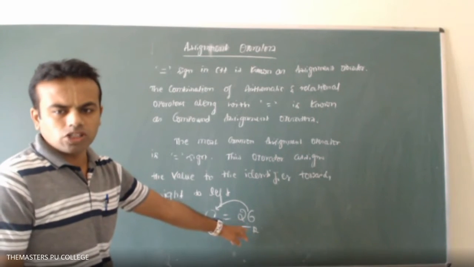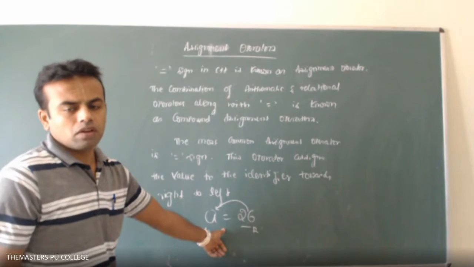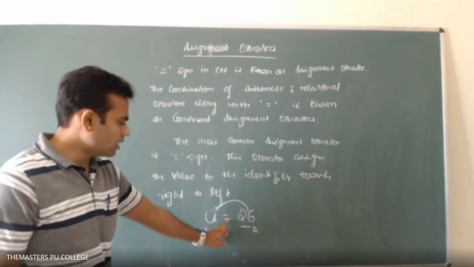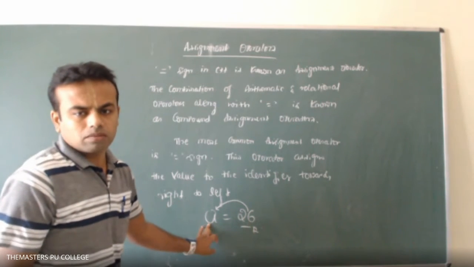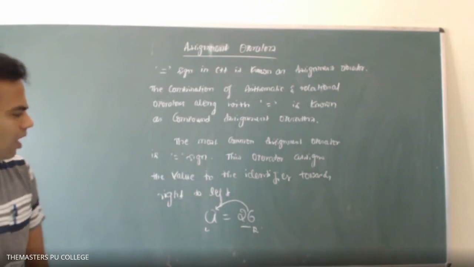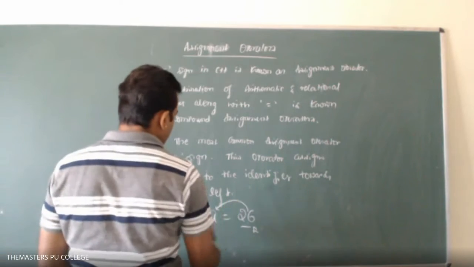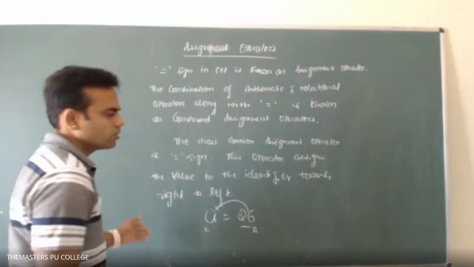A decimal integer constant. What is this equal sign? The assignment operator. This assignment operator assigns the value to the identifier, from right to left. You can write right to left side, or direction, it's your wish.